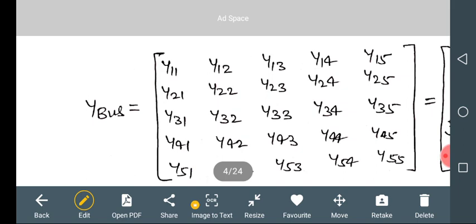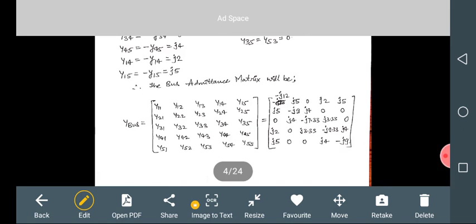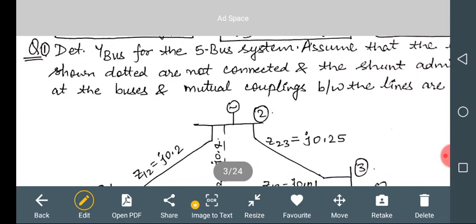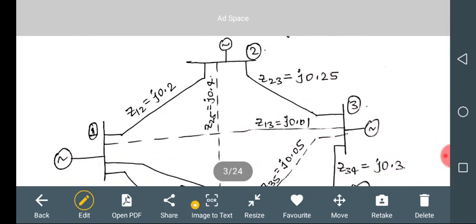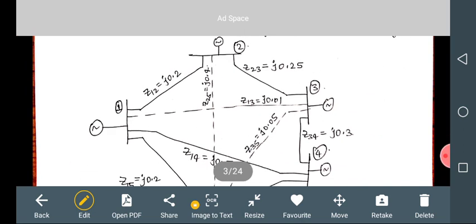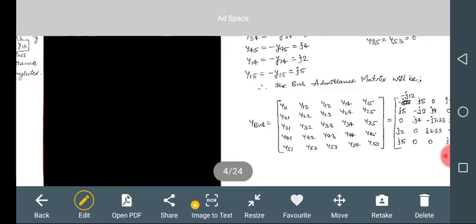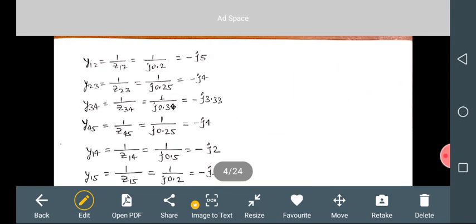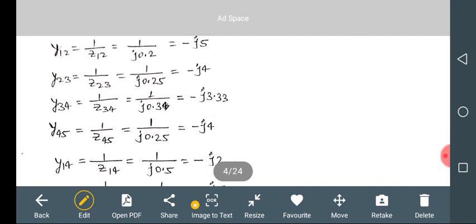So first we will convert these given impedance values between all the buses to admittance values. As we have to calculate Y bus, we have to convert these Z values into Y values. So I have converted these values like this. Y12. Now what is Y12?